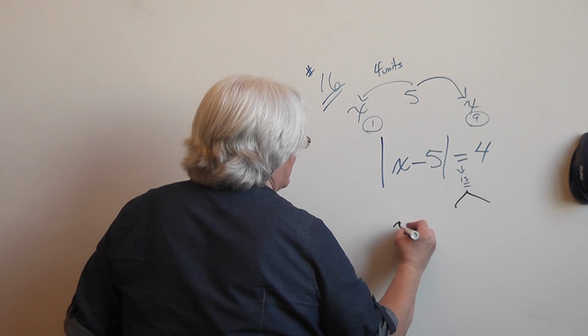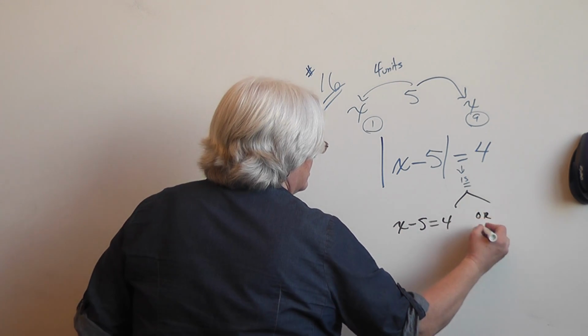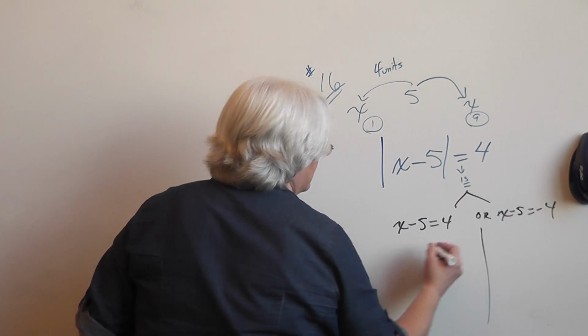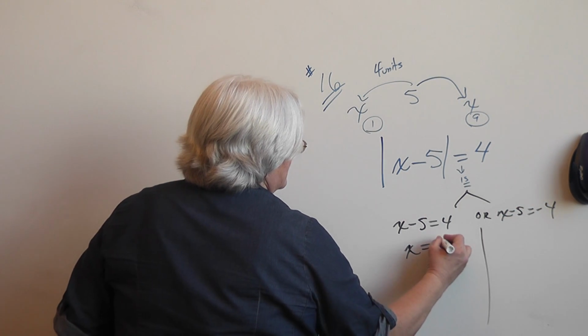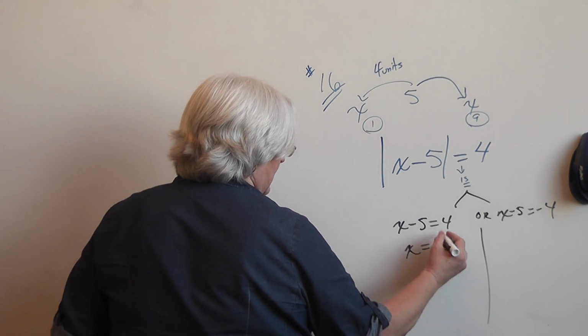Remove the absolute value brackets, keep the equation as it is, or you remove the absolute value brackets and set it equal to the negative. x is equal to 5 plus 4, which is 9.